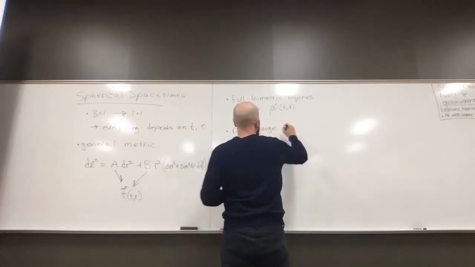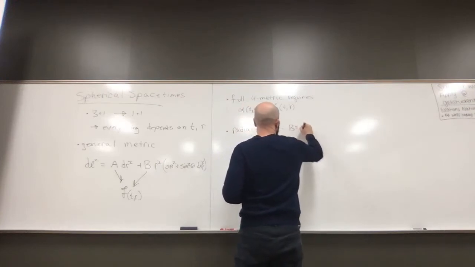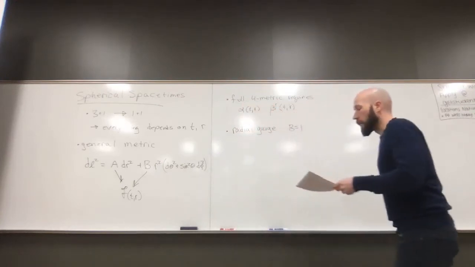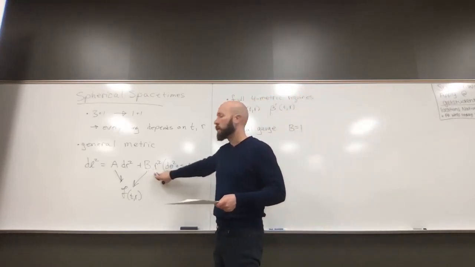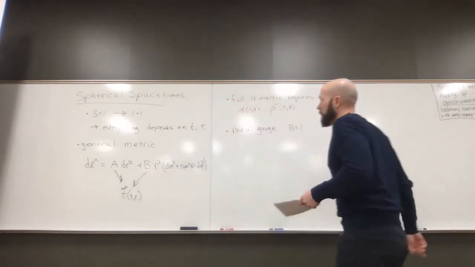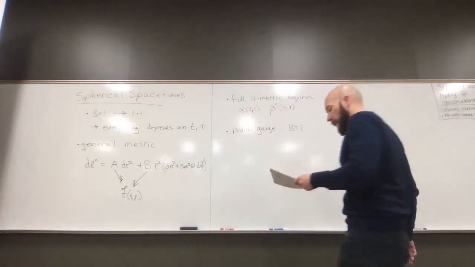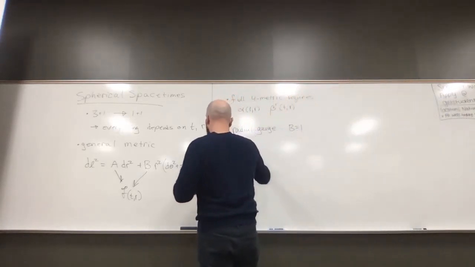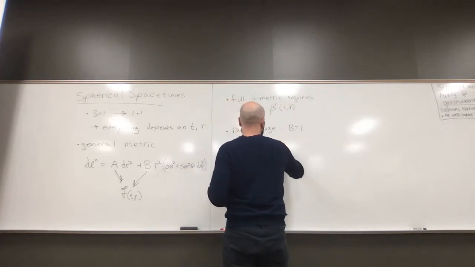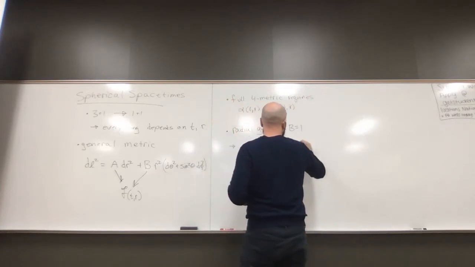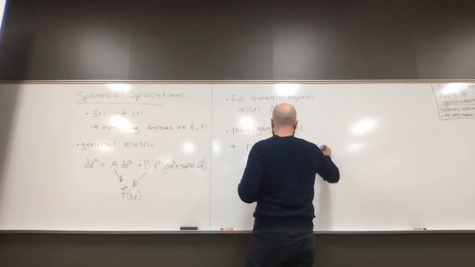For instance, one that we'll talk about later is a radial gauge. In this case, you just set B equals to 1. All right? So this coefficient just becomes 1. You just get the usual r squared d omega there. In this case, if you do that, r is then the areal radius, which we talked about in the case of Schwarzschild black holes.